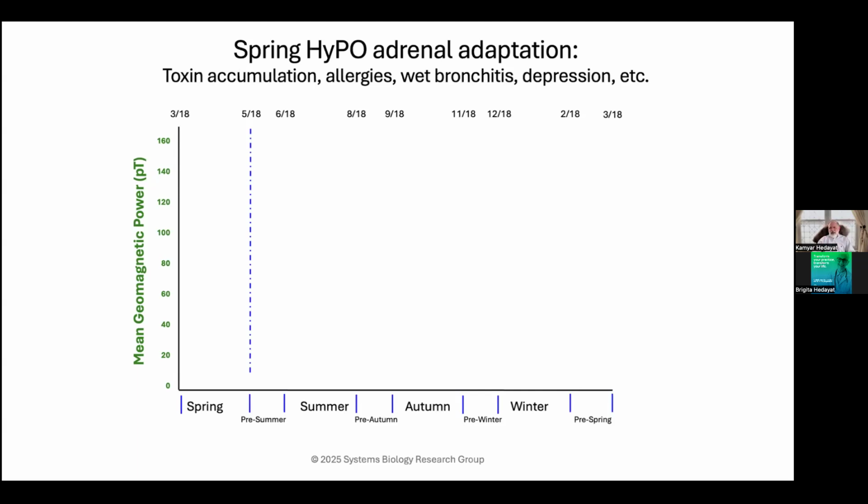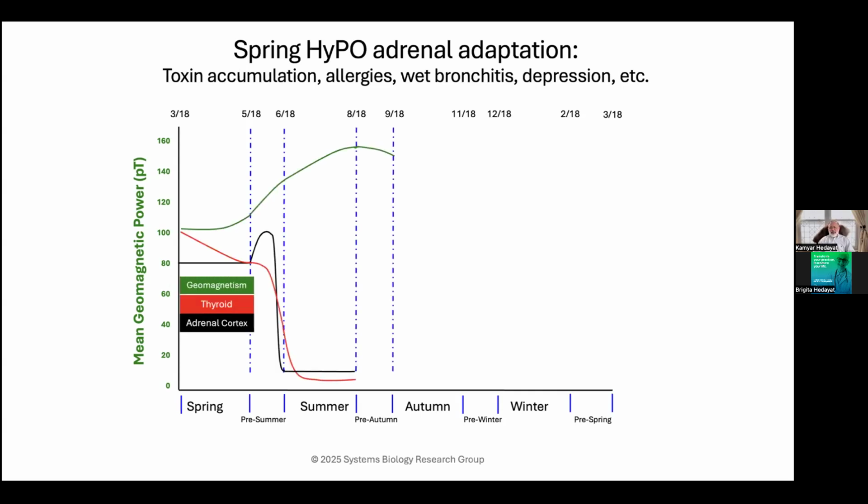And so maybe these toxins now get deposited in the joints, or they get deposited in the lungs or in the brain. And other tendencies you might see are a certain type of allergies that's more eosinophilic in nature, a wet bronchitis, depression. So I'm going to speed through this part so we can focus on where the pathophysiology is in this case.